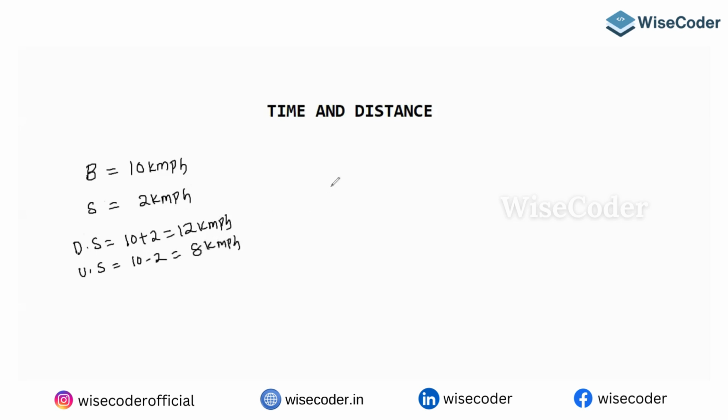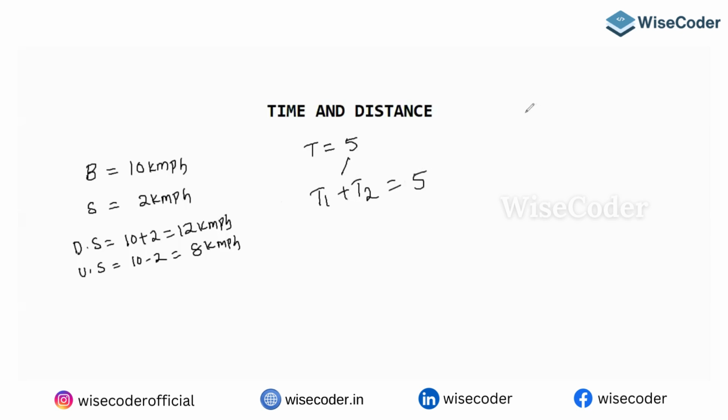Look at here. The time was given. What is the total time? 5 hours. But I don't know which part is taking how much time. So let's try to calculate T1 plus T2, which is equal to 5 hours.